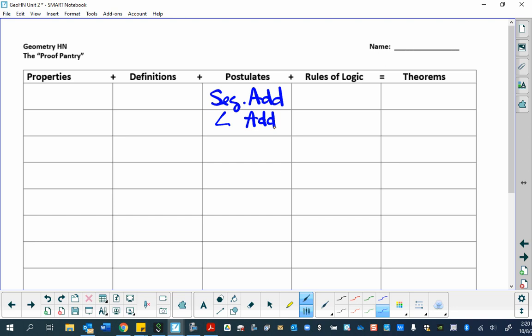Because our theorems are proven when we combine properties, definitions, postulates, and the rules of logic. Now, the rules of logic is a short column. We've got detachment. We've got syllogism.